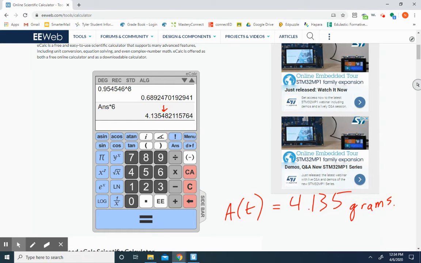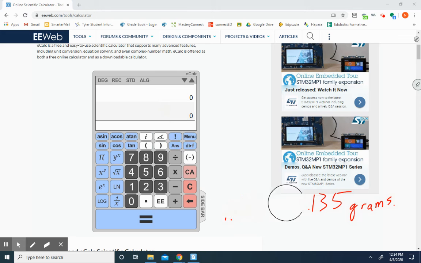So 0.5, close parentheses, to the power of 1 divided by 730,000. All right, close parentheses, 0.5 to the power of 1 divided by 730,000.